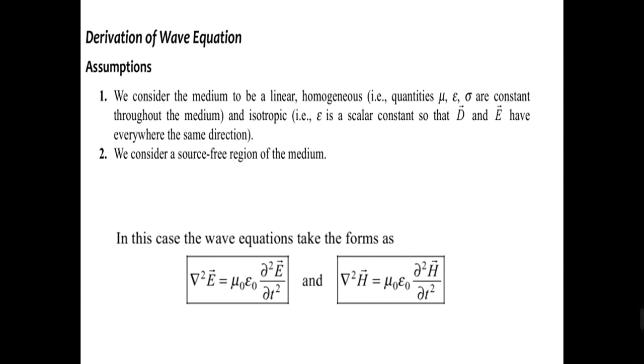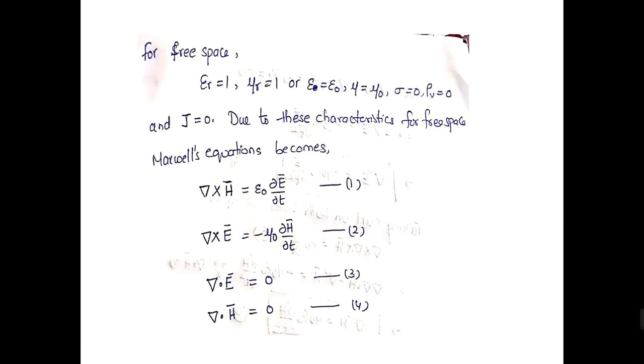So we have to derive the wave equations for free space, which take the form: del square E is equal to mu naught epsilon naught dou square E by dou t square, and del square H is equal to mu naught epsilon naught dou square H by dou t square. These are the wave equations for free space which we have to derive. For this, we are going to consider Maxwell's time varying equations.